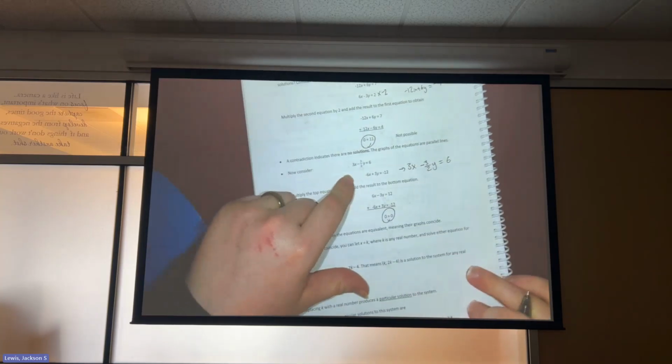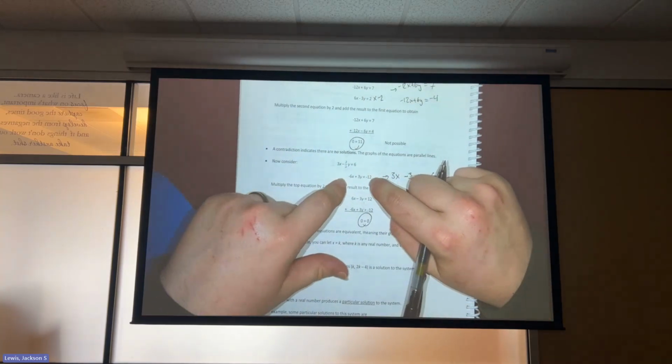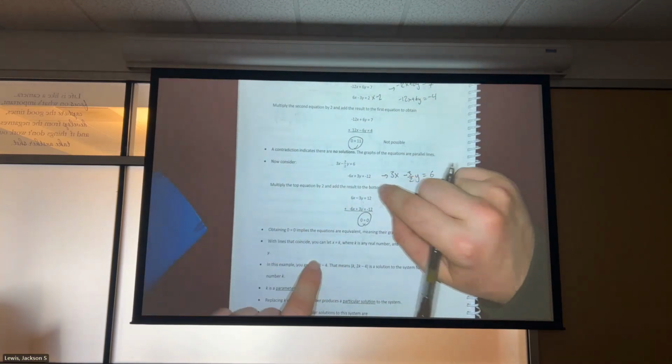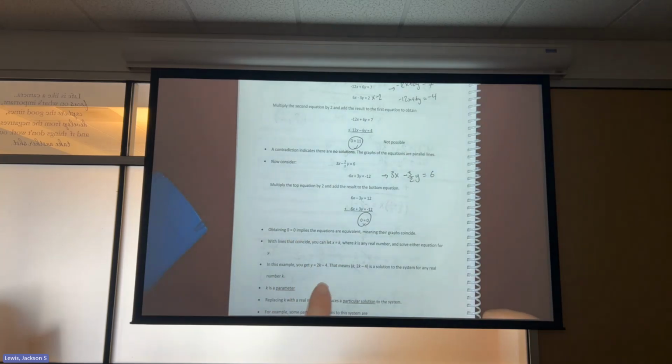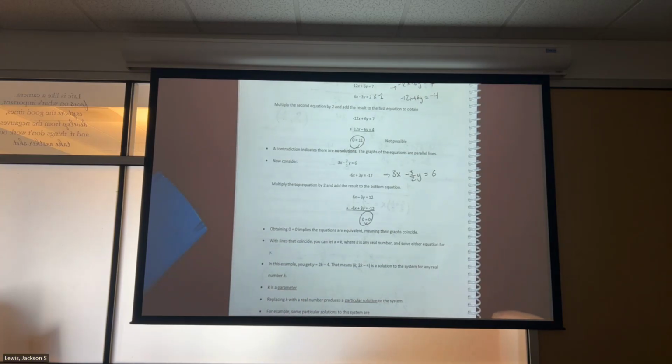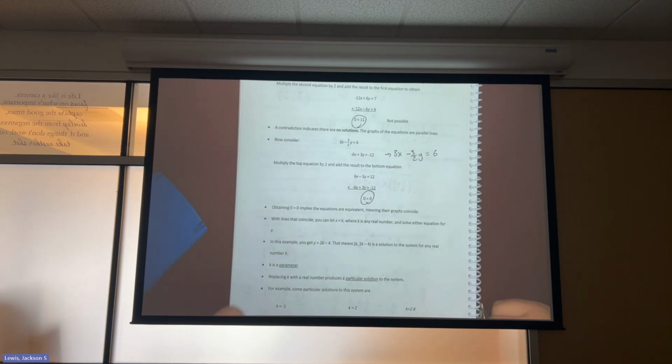In this case, what they did is they solved each equation for y. That form was y equals 2x minus 4. I solved that, and I just let x equal k, and then wrote my solution pair. K here is what we call a parameter. It's something that changes, something I can slide across the scale.